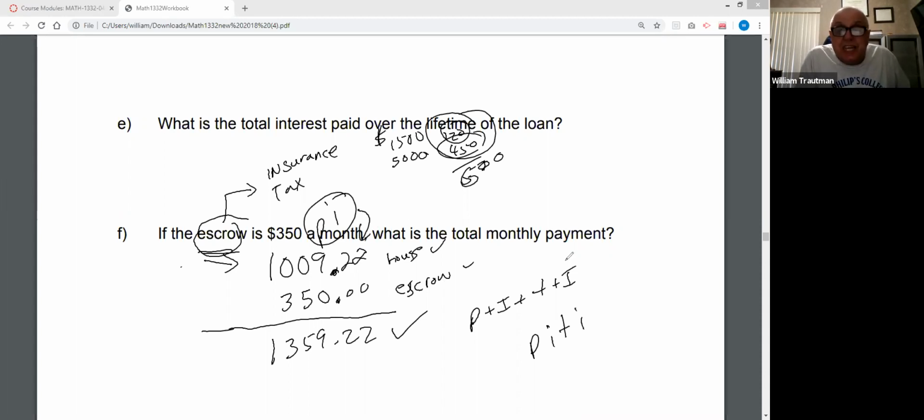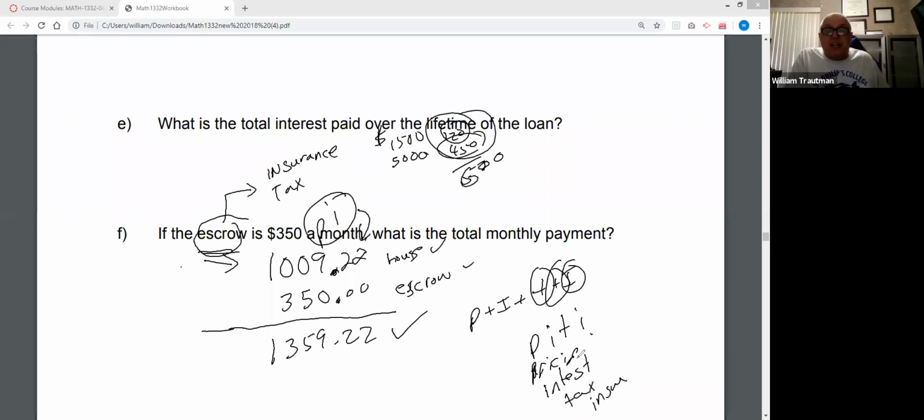This is the taxes and the insurance. So this is principal, this is interest, the T is taxes, and the last I is insurance. That's your escrow, PITI.